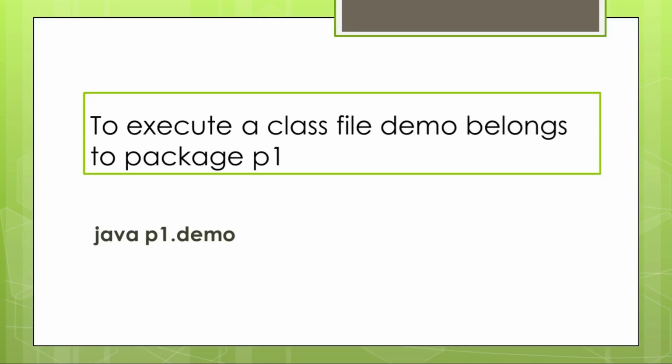This demo class belongs to a package called p1. Since it belongs to p1, during execution you need to give the package name like this: java space p1.demo. So this is how we compile packages and execute files that belong to a particular package.